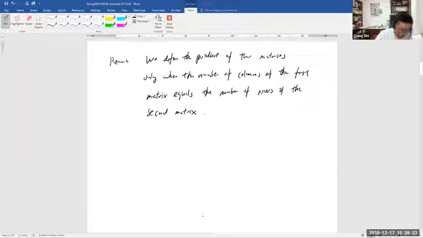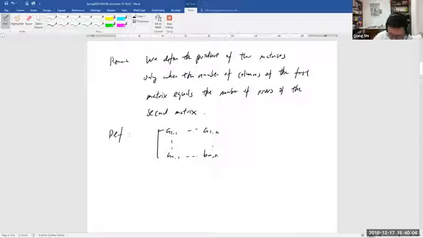And then after that, we define this. If you have the matrix with entries A11 up to A1N, down to AM1 up to AMN, right?